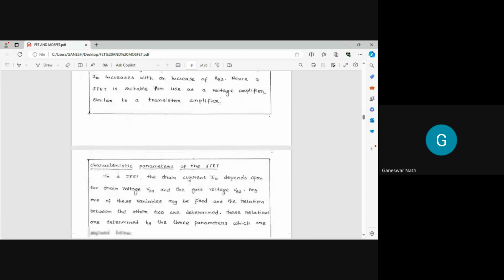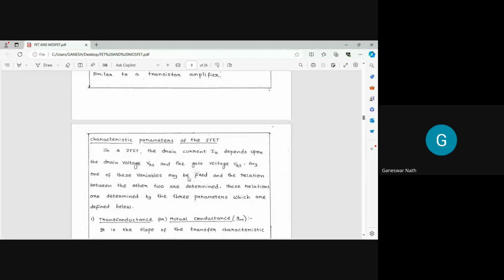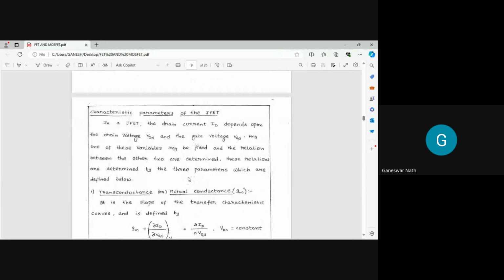Okay. Now, what are the characteristics of the junction field effect transistor? So in a JFET, the drain current ID depends upon the drain voltage VDS, and the gate voltage VGS here. So to discuss the characteristic of the FET, in a JFET you can find the drain current ID depends upon the drain voltage VDS. Okay. And the gate voltage also, VGS.